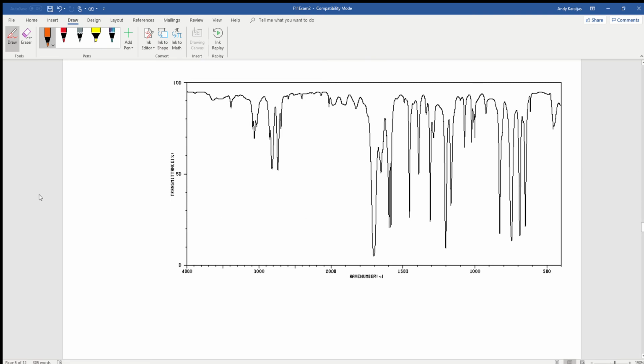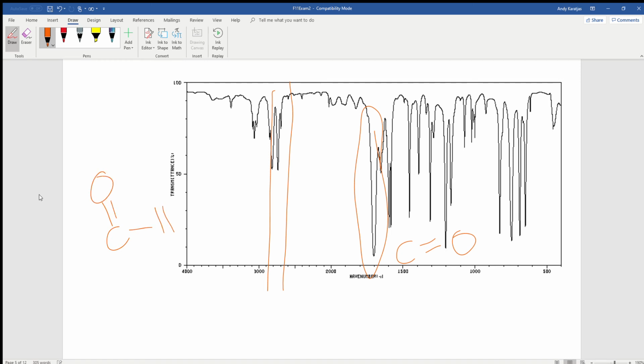Our third spectrum, the first thing I noticed is this very strong peak around 1700. And that says right away that this molecule has a carbonyl. But in addition to that, I see these 2 peaks in this sort of 2700 to 2800 region. You should recall, that's a region where we don't see a lot of infrared peaks. In fact, one of the only things that we see in that region is specifically if we have an aldehyde.